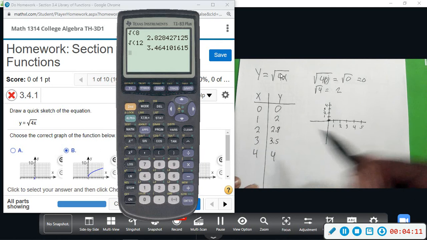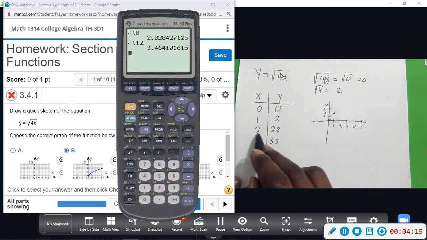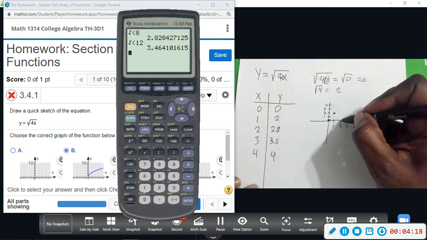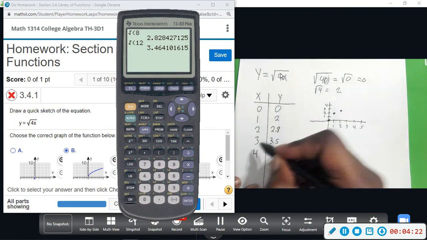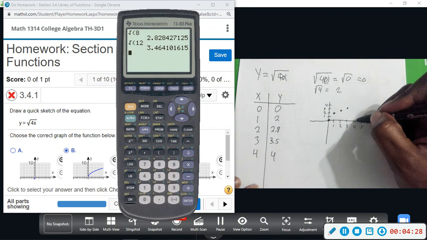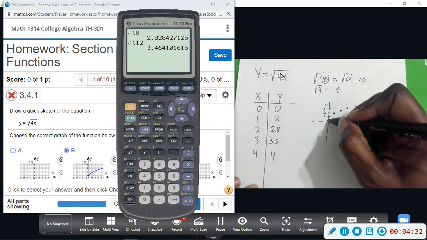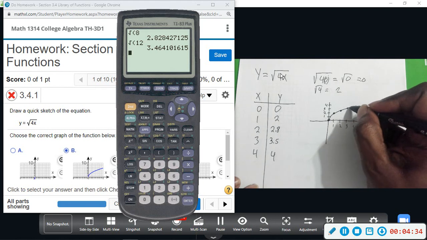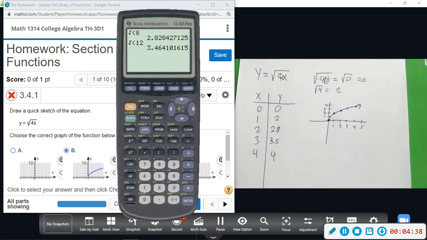The next one we get is (1, 2), so I'm going to go over 1, up 2. Then (2, 2.8), almost to 3, then (3, 3.5), halfway between 3 and 4, and then (4, 4). From there, if you just trace that pattern, you get that same curve graph that we see.